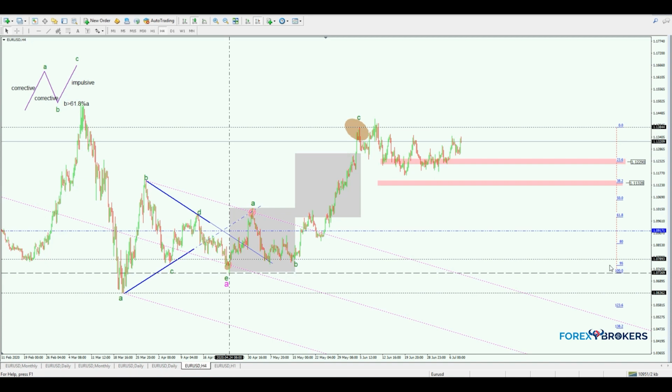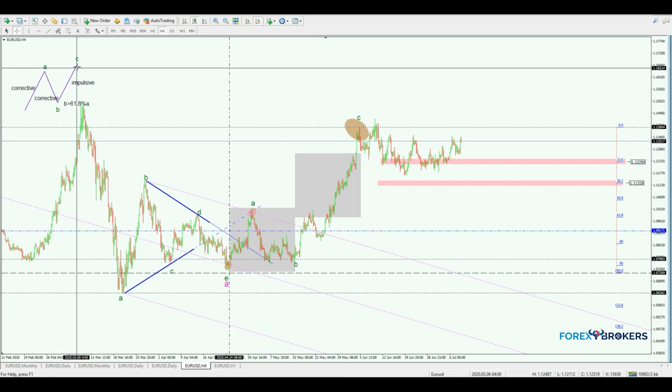In the first part, we've introduced the concept of a flat. It is a 3 waves structure, labeled A, B, C, where waves A and B are corrective, while only the C wave is impulsive.